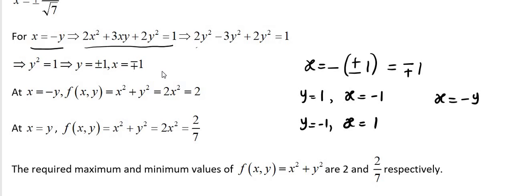That means, taking square on both sides, I am going to get y square equal to x square. That's why x square plus x square is 2x square.